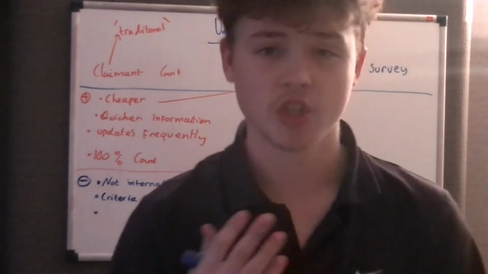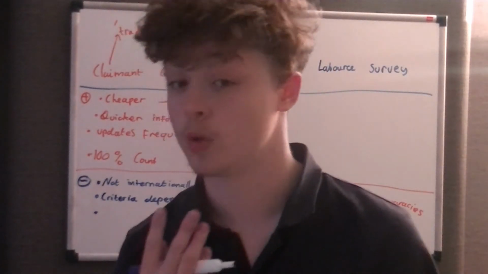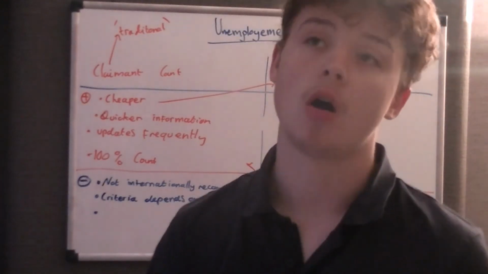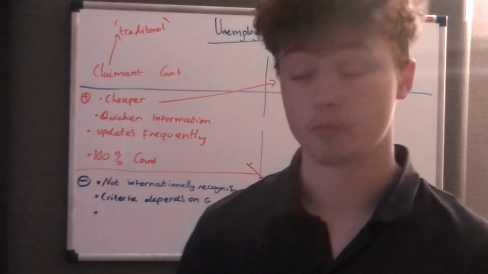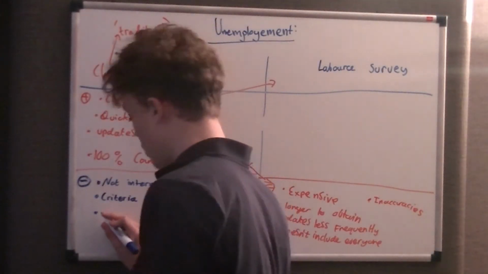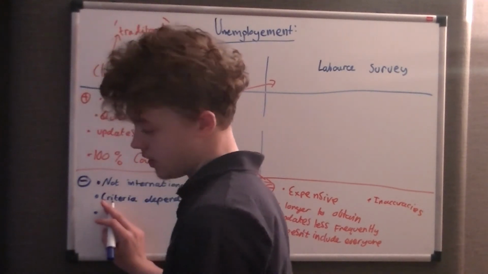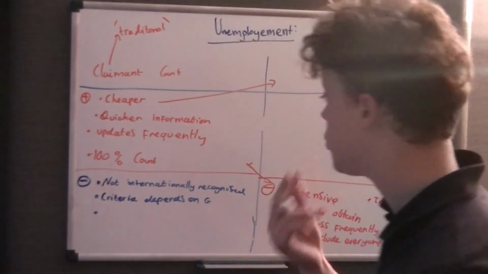Also, if they're changing it over a period of time, because the economy will be going through different periods, might be going through a recession or a boom, it depends what the economy is doing at that given moment in time. So if the economy is changing over time, then the government's criteria will also change to adapt to that.